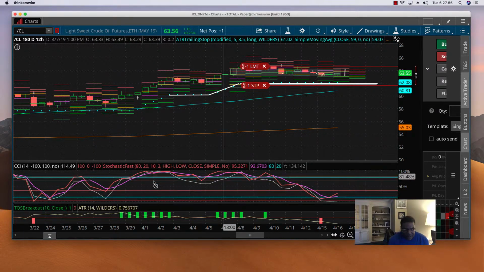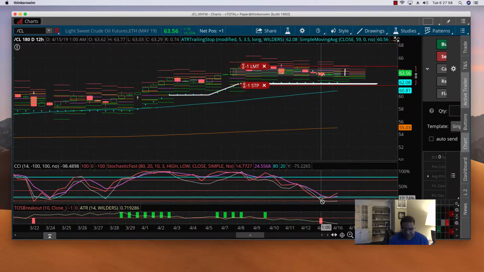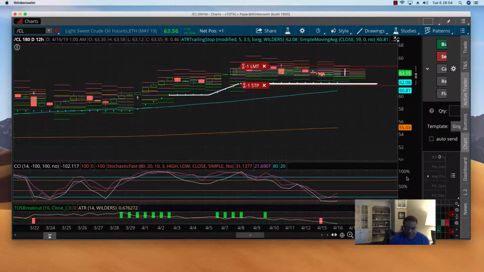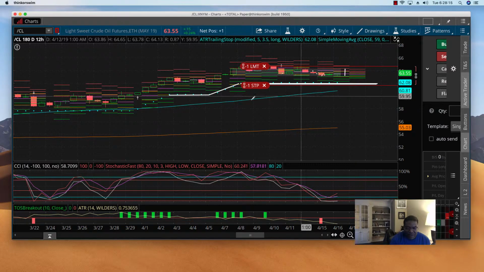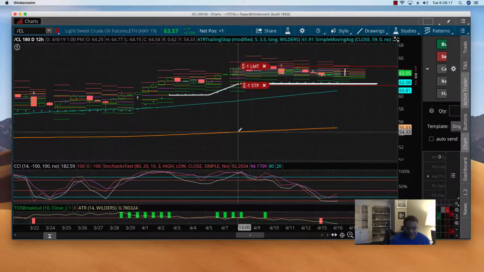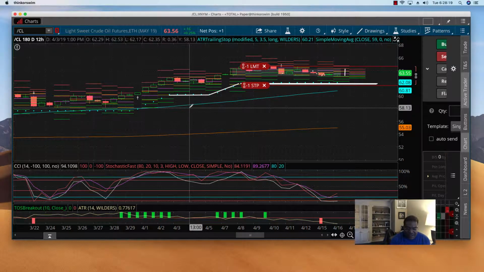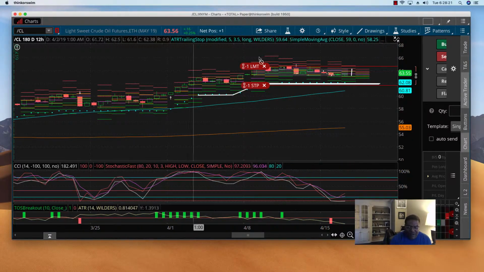So right now the stochastic is showing that the market is oversold, negative 101 with the CCI, and usually it's around this point when we start looking for an entry. So from 12, and you can also see the 50 is above the 200, which is a clear sign that you're in an uptrend.